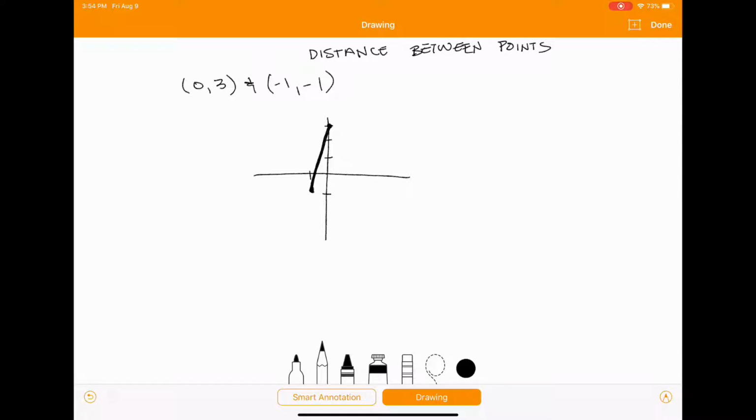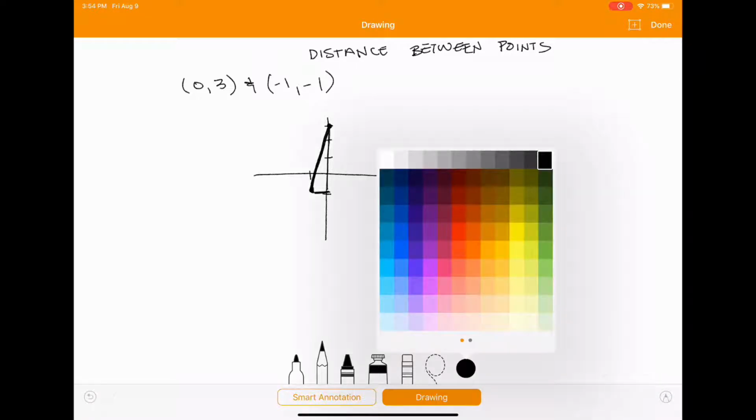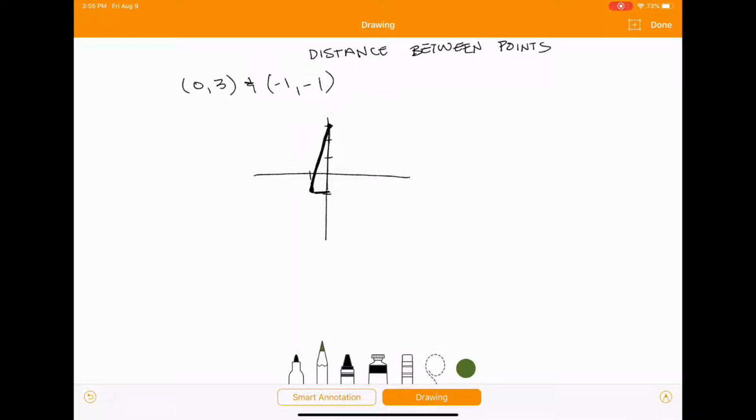What we've actually got, if we connect these out, is a right triangle. So you can see that right there. So we've got our vertical leg and our horizontal leg, and then our hypotenuse. So the distance between those 2 points is actually our hypotenuse.